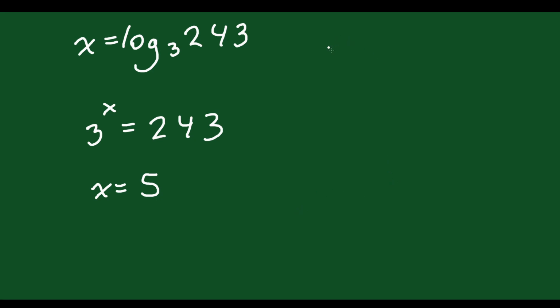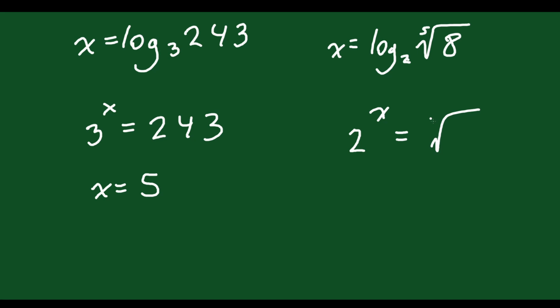Let's do another one. Let's say x is equal to log base 2 of the 5th root of 8. What the heck does this mean? It means that 2 to the x equals the 5th root of 8. Can I rewrite this as something a little bit more practical?